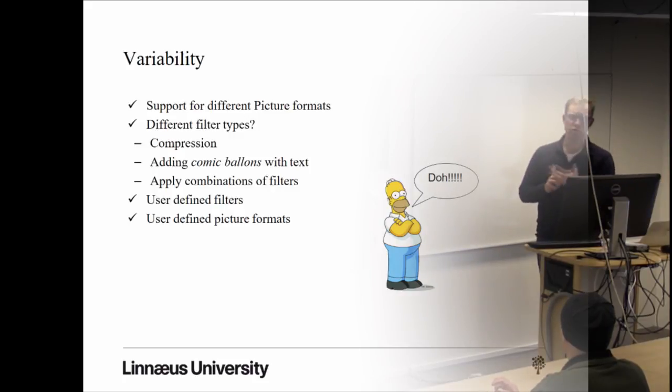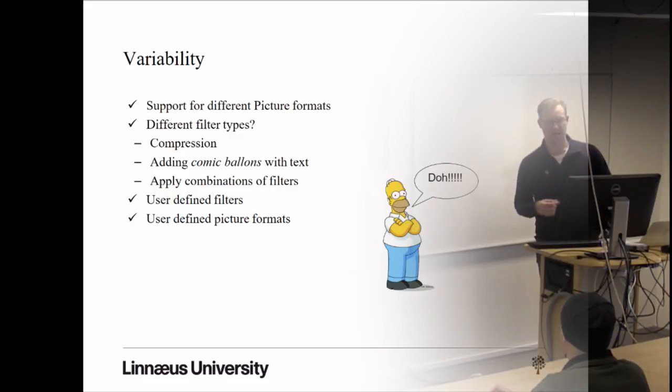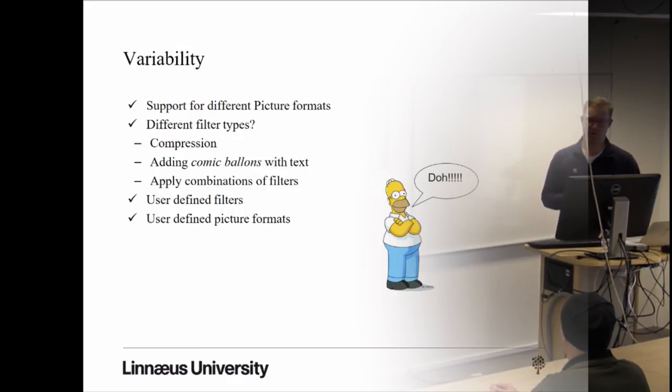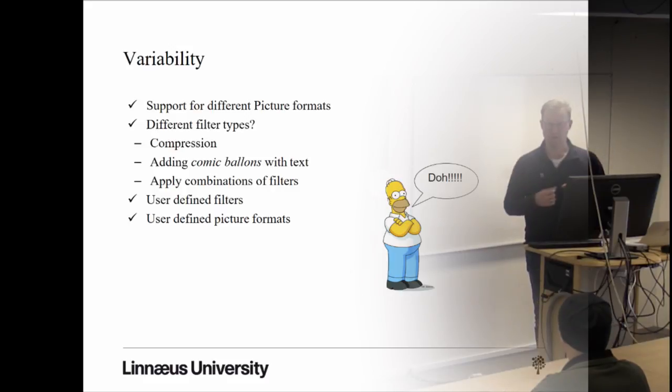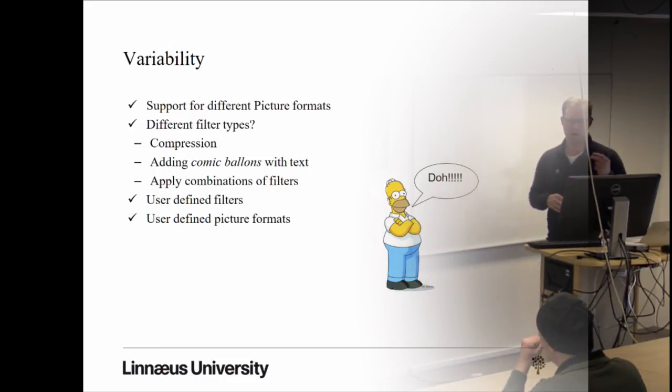So we need loads of filters, doing compression, doing stuff like comic balloons, like Homer here. We need to apply a combination of filters, like configuring the filters in different sequences. We might allow for variability where users define their own filters.